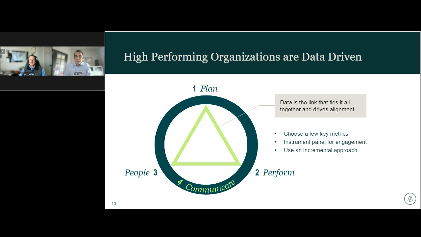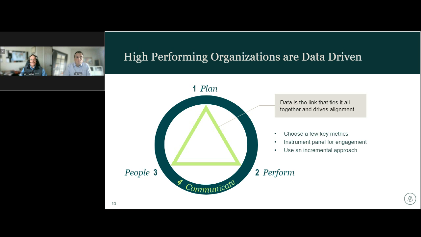Any thoughts, insight you want to add to this? Yeah, I really like this graphic on the side here where it points out the really key things about the high-performing organization. High-performing organizations always have some kind of a plan in place on where they're going, so that, like you were mentioning, strategic view. And then as they're performing, they're doing that in a very focused way, and that's where the tactical views come into place to guide that performance.